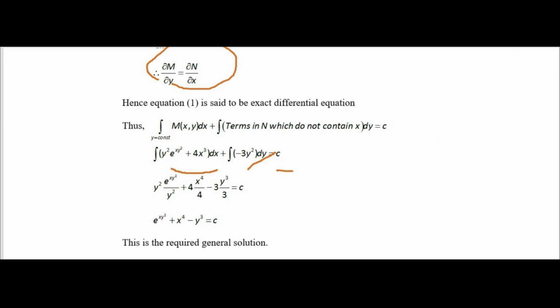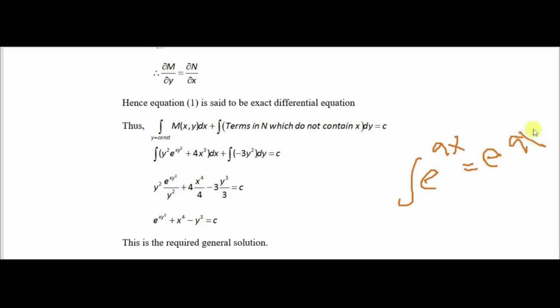In the first integral y is constant, so y square as it is. Now we know that the integration of e to the power ax is e to the power ax upon the coefficient of x, a, where a is a constant, and integration is taken with respect to x.